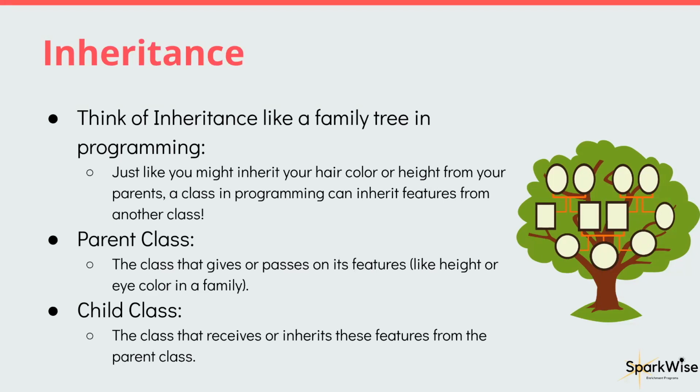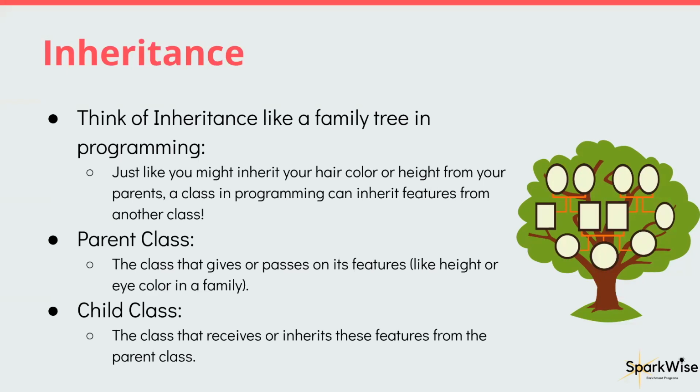Within coding, we have 2 types of terms that we're gonna be using. We have the parent class and we have the child class. Now, people sometimes use different terms for it, but typically we'll stick to parent class, and then child class will sometimes be called a subclass.